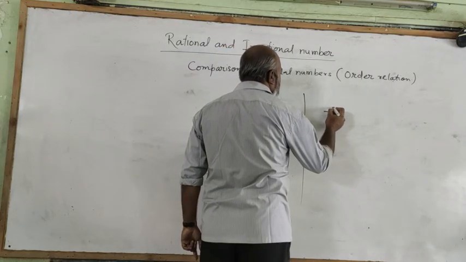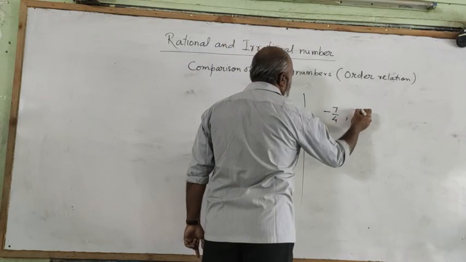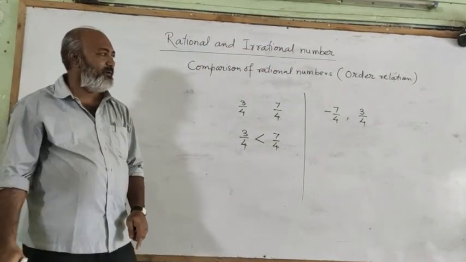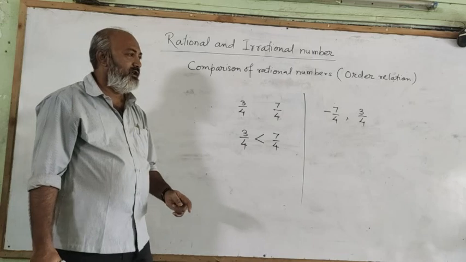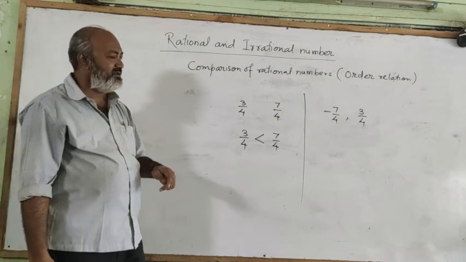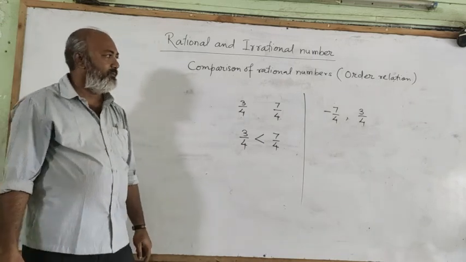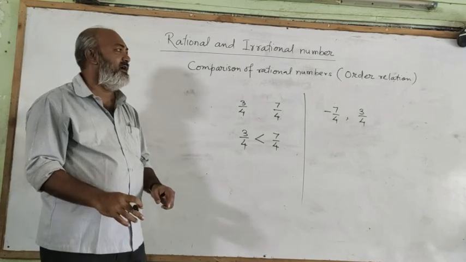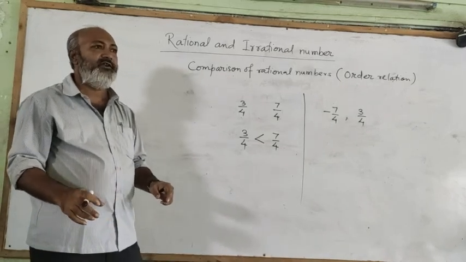Minus 7 by 4 and 3 by 4. Again in this example, there are two rational numbers with the same denominator. Now we have to compare only the numerators. Minus 7 and 3.